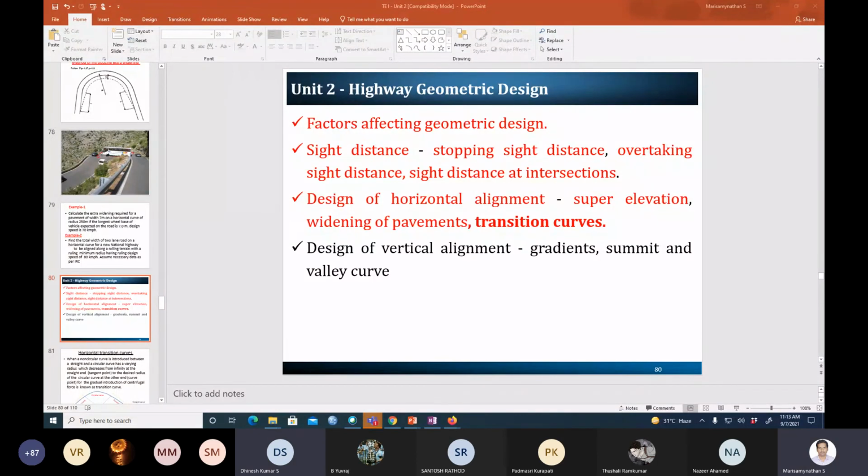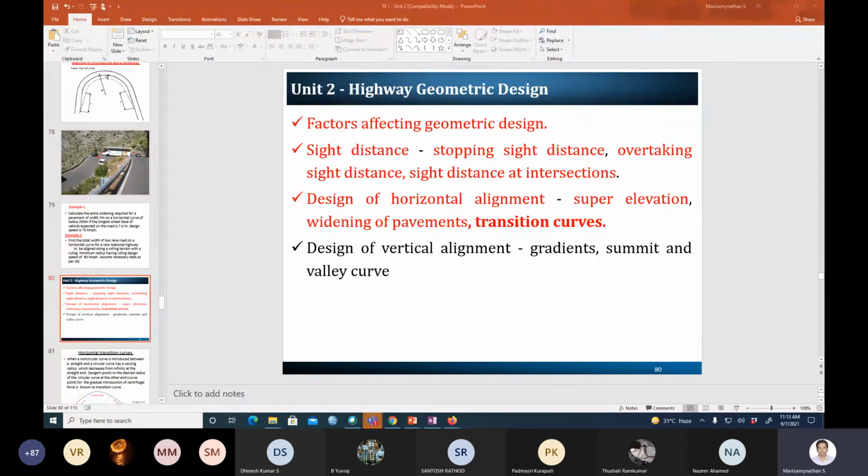Sir, a small doubt. Yes, please. What is the significance of using the rolling terrain term in this question, sir? Initially, if you remember, I gave different kinds of super elevation criteria.